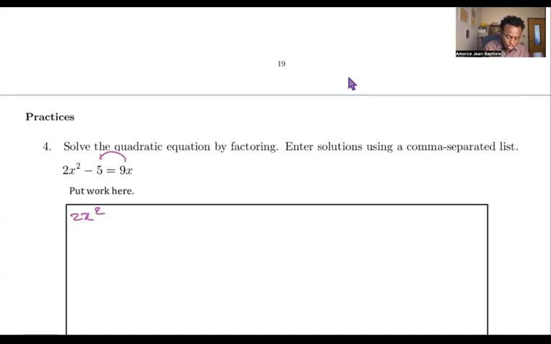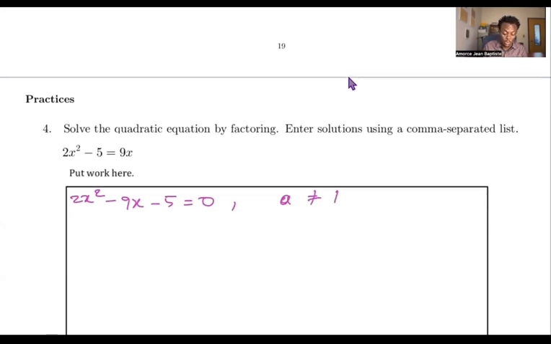We want to move this over, change the sign of 9x. Minus 9x minus 5 equals 0. We got the a coefficient of x squared, that's not 1. So we're going to want to multiply a and c. That's ac equals negative 10. Two factors of negative 10 that sum to negative 9 are negative 10 and positive 1.